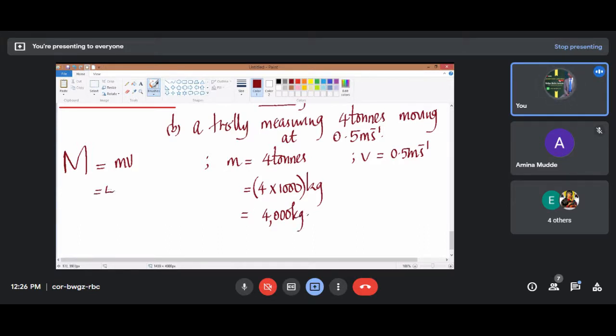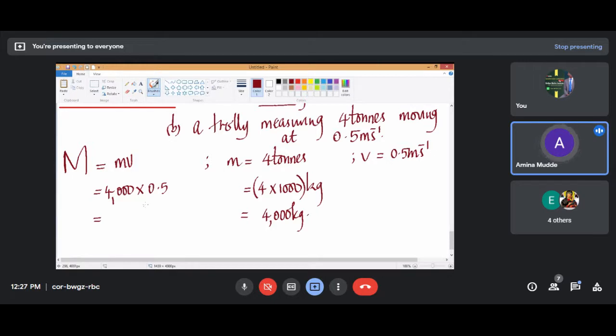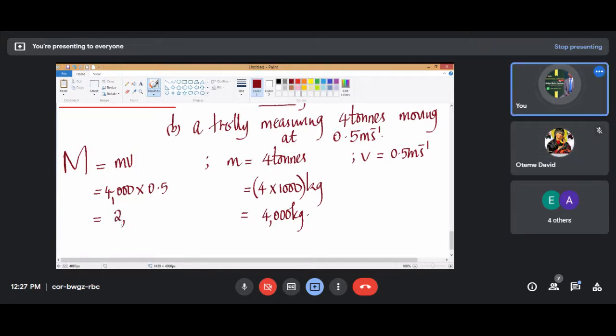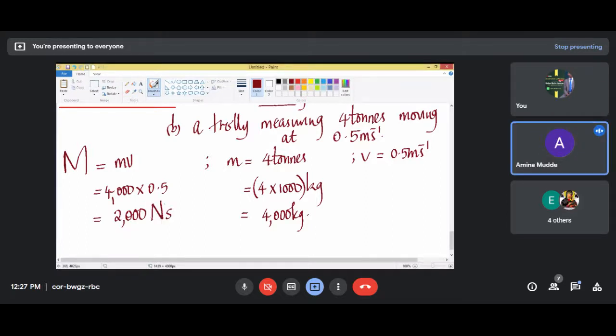That will be 4,000 times the velocity, which is 0.5, and you get 2,000. Is it? Yes. Units: 2,000 Newton meters as the momentum for that case.